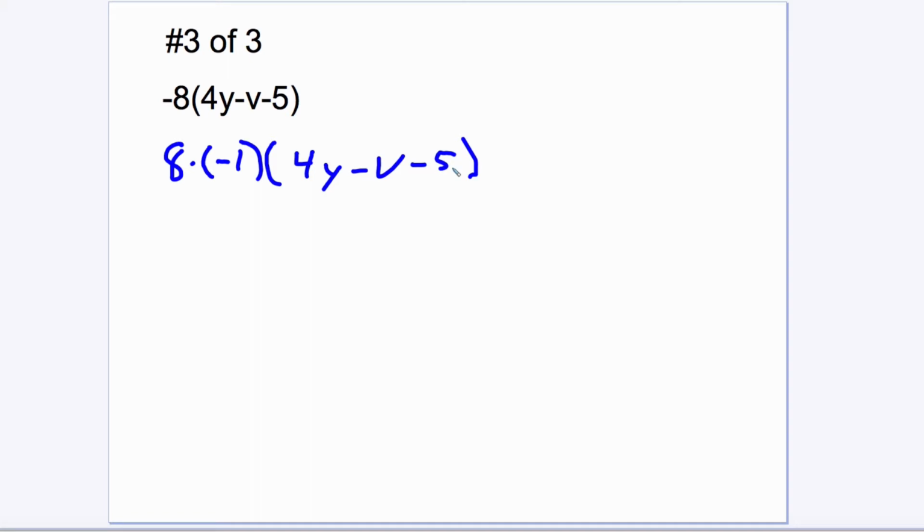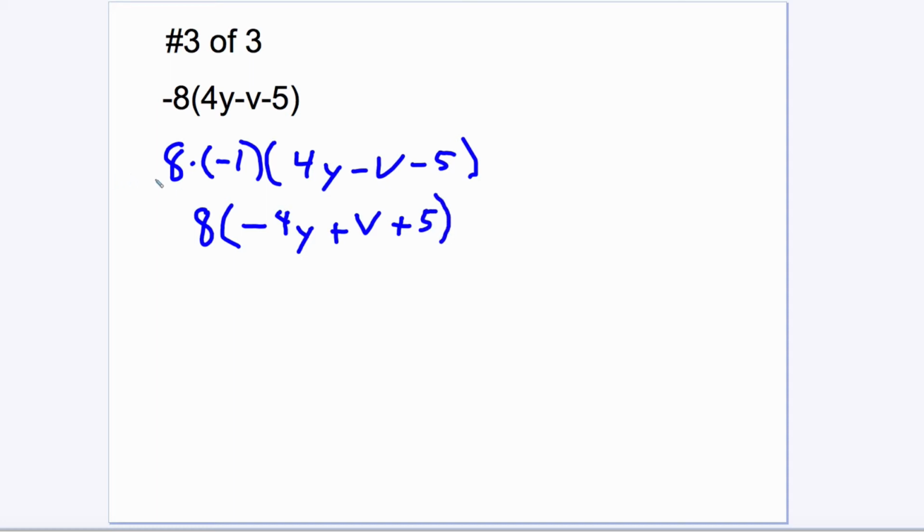Now, the reason that I have the negative 1 after the 8 this time is I'm going to do 8, and then because it's just negative 1 times 4y minus v minus 5, all I have to do, 4y times negative 1 is minus 4y. Negative 1 times minus v is plus v. Negative 1 times negative 5 is plus 5.